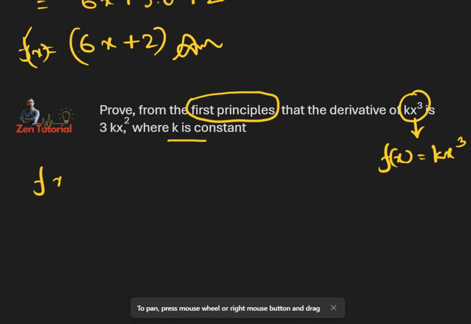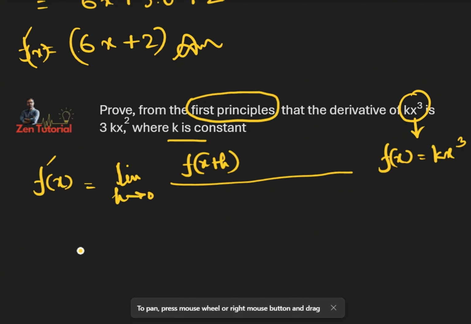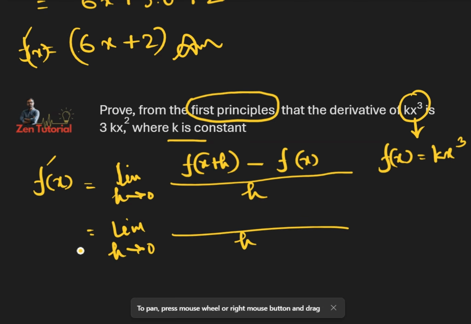f of x, of course the first principle is used for the derivative. So here will be f prime. The definition says limit h tends to 0 of f of x plus h minus f of x, over h. Now, the value of the function f of x equals kx cube, right?